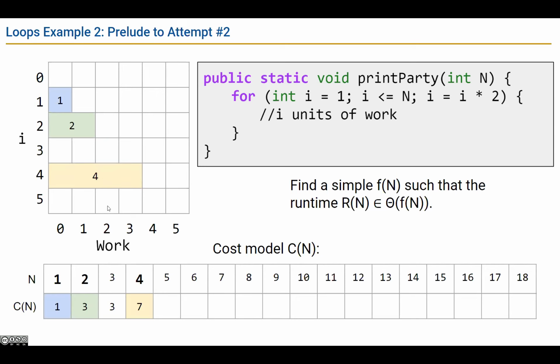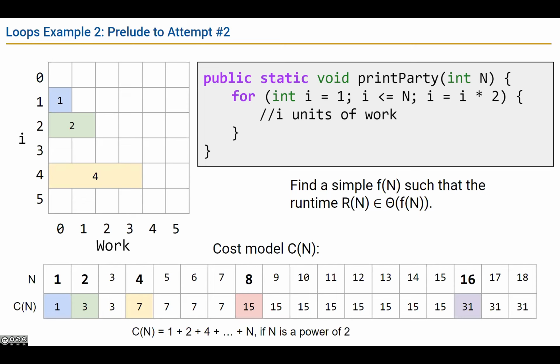Here we get 4 units of work at the I equals 4 step. We don't do anything else for 5, 6, or 7. Once we hit 8, we run the I equals 8 loop, which does 8 units of work, and so forth. So if we run this, then we have 1 plus 2 plus 4 up to n, where n is a power of 2.